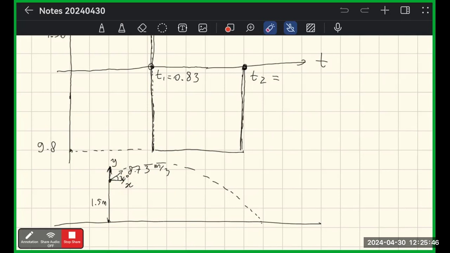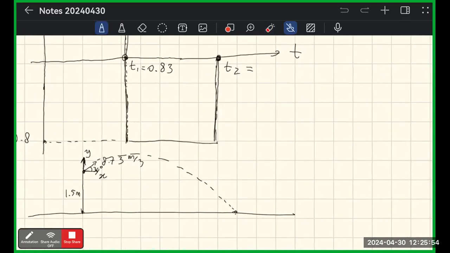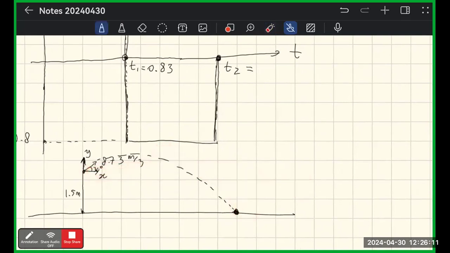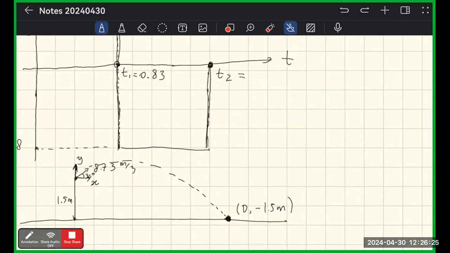If you want to use my equations, the point here on the x direction will be moved as much as d, but it will move minus 1.5 meter vertically. So this point is (d, minus 1.5 meter), and we have to find d later, but we need to find t2 first for the graph.